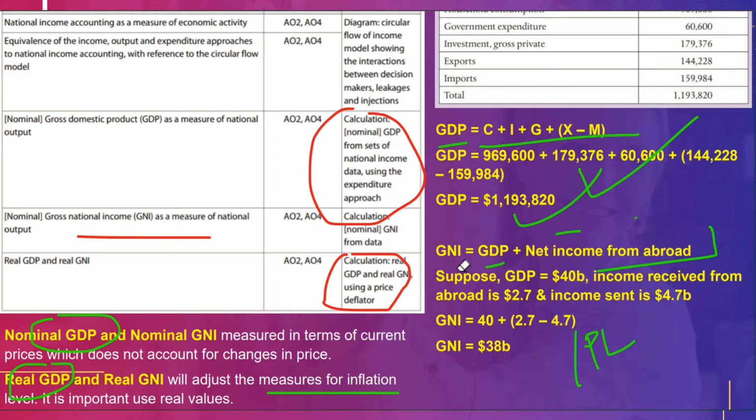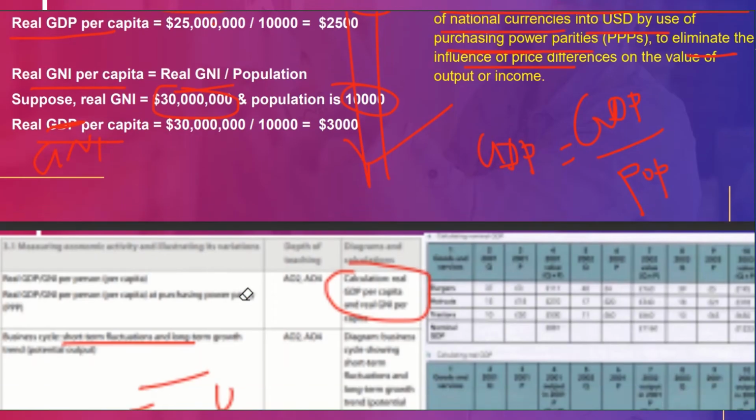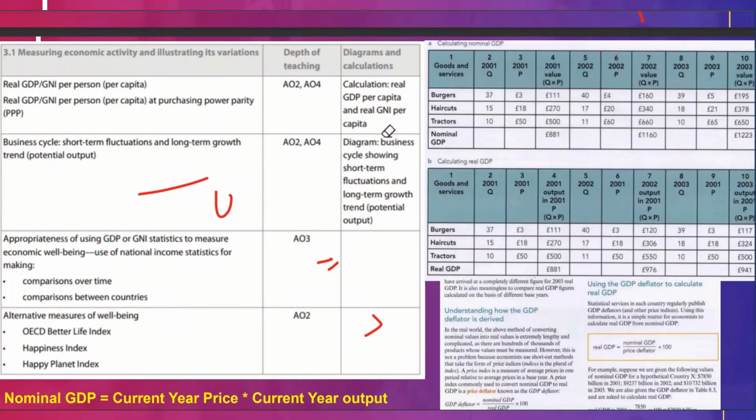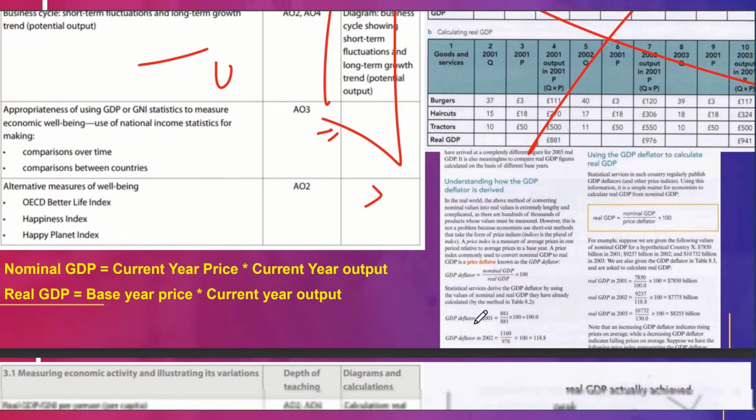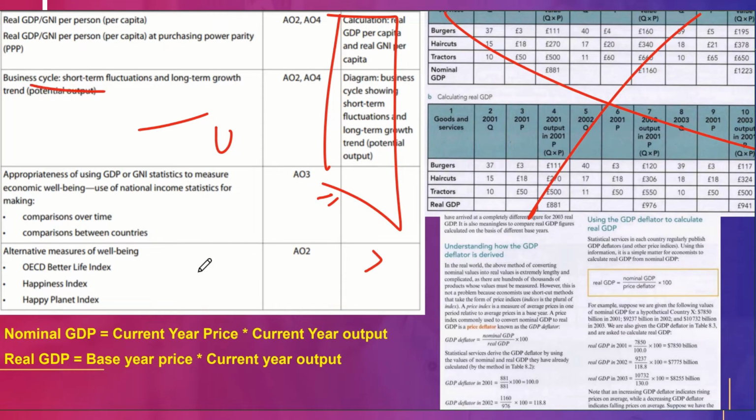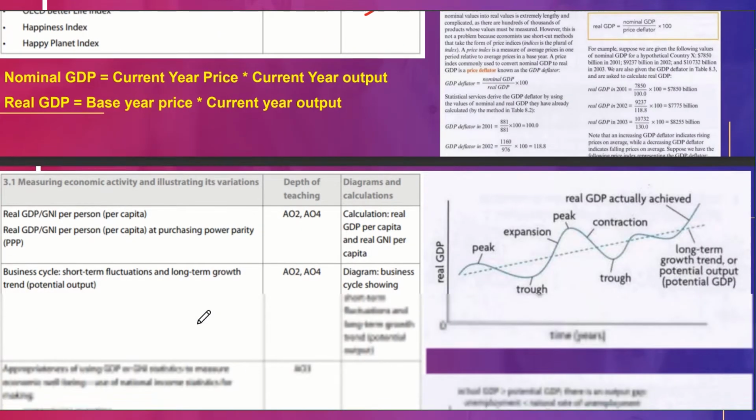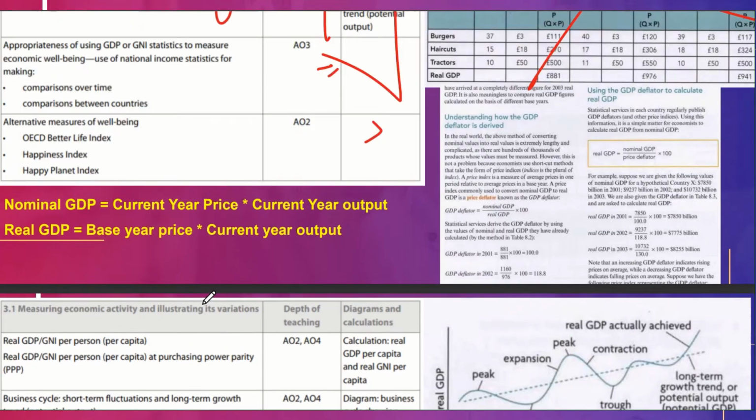Okay, then we'll move on to the next part. I don't think this information is required right now based on the given syllabus content, so just leave it. And we'll move on to the business cycle concept, right? And GDP deflator, we have done this one.